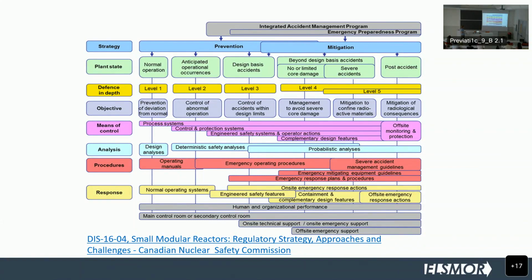Very often it's related to how this kind of independent defense in depth system works. So I put some pictures on SMR designs that have been published on a year by year basis.